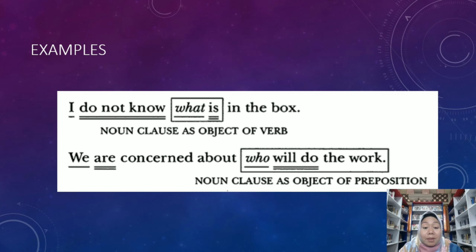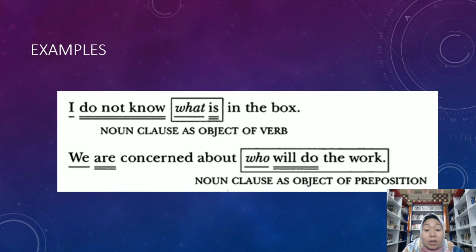It can happen if the thing that I do not know and the thing that is in the box are the same. So I do not know about something, and that something is in the box. If we have this condition, then the connector also functions as the subject.